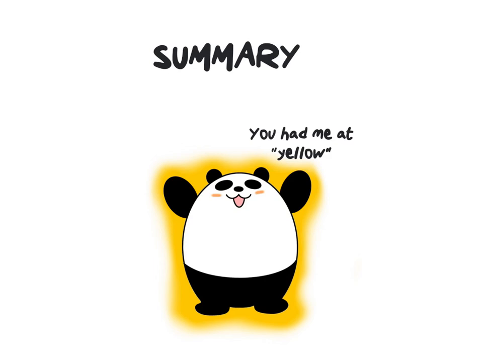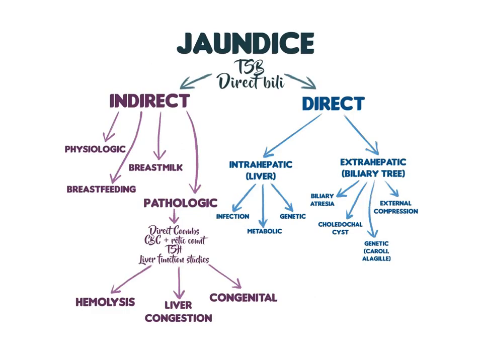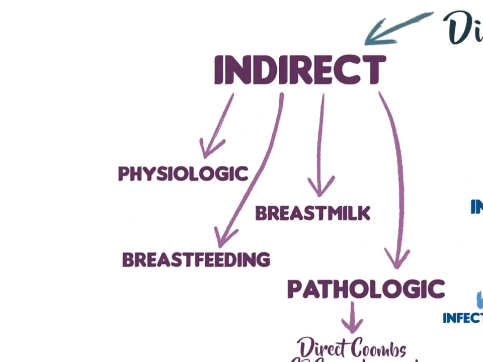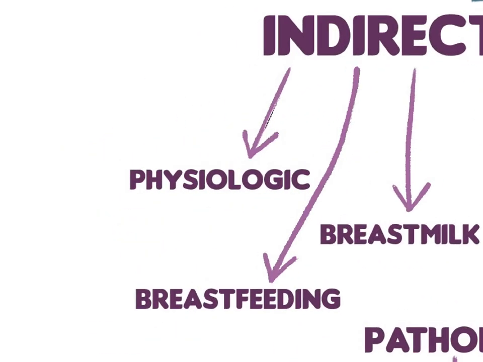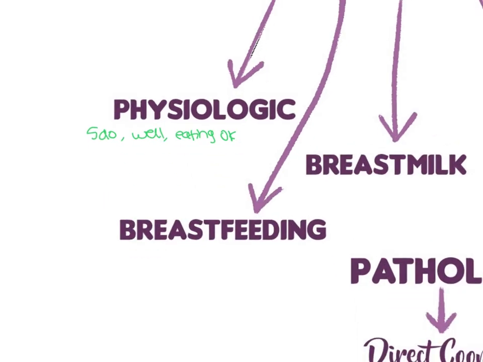So let's go back to our table and kind of go over the clinical scenarios that you'll be looking for. So on the indirect side, all babies have physiologic jaundice, so that'll be your 5-day-old baby who is well appearing, eating well, and pooping well but looks jaundiced. Compared to your baby who has problems feeding.